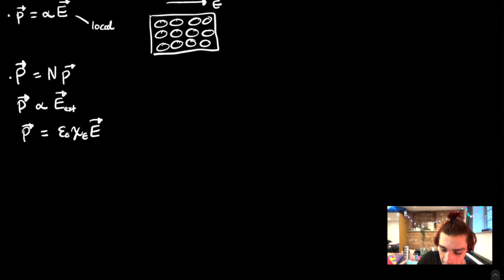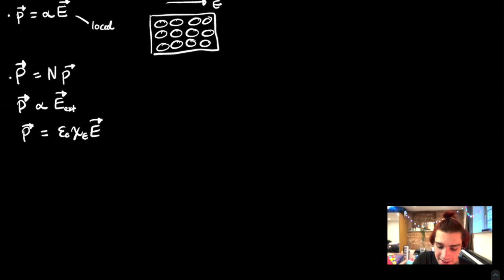And experimentally, you find that this polarization P is proportional to the external electric field that is applied to the whole dielectric. And it's actually related using this formula: epsilon naught multiplied by the electric susceptibility, multiplied by the electric field.